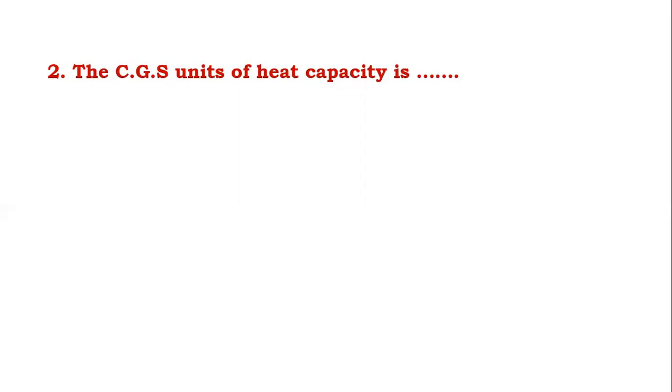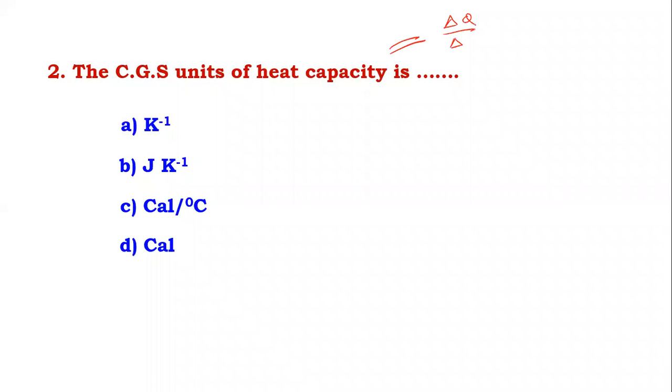Now the next one is, CGS unit of heat capacity is. So the heat capacity formula is delta Q by delta T. So here delta Q means heat unit divided by temperature unit.